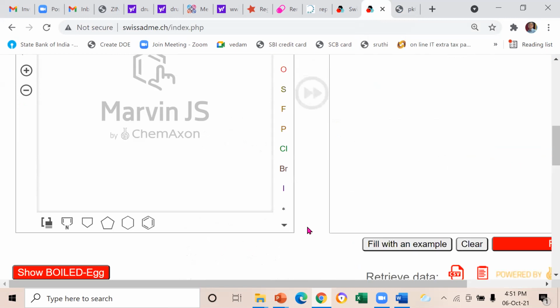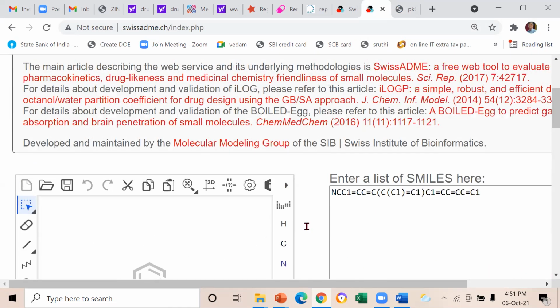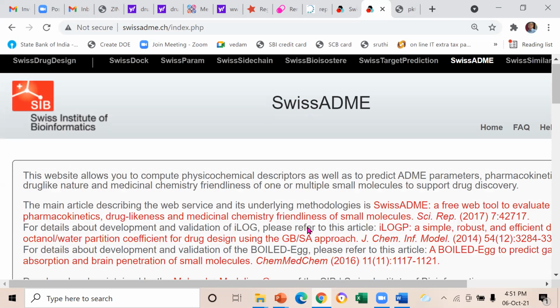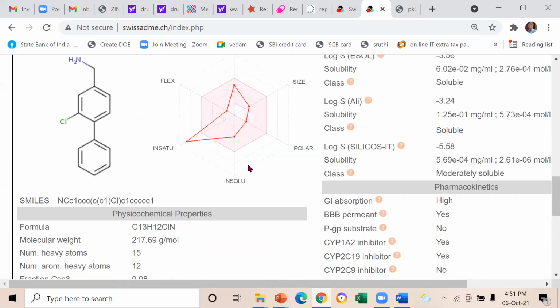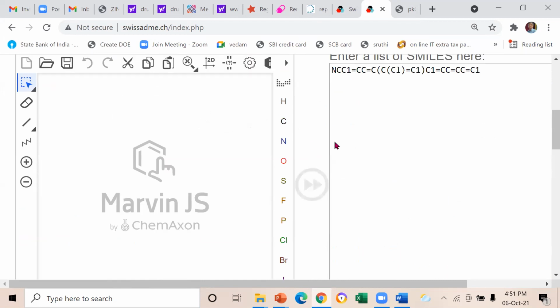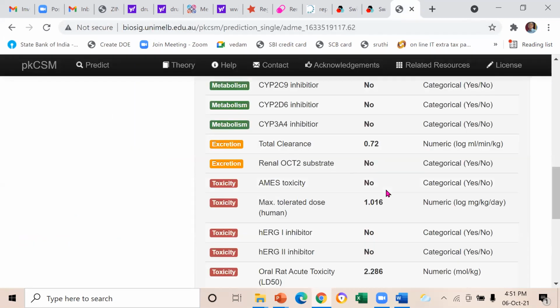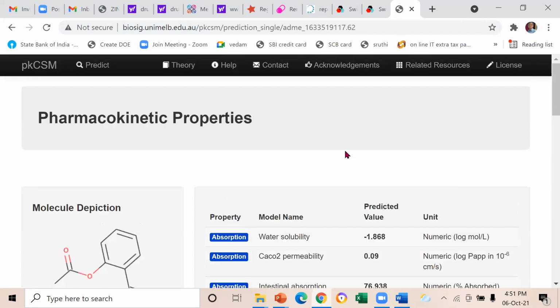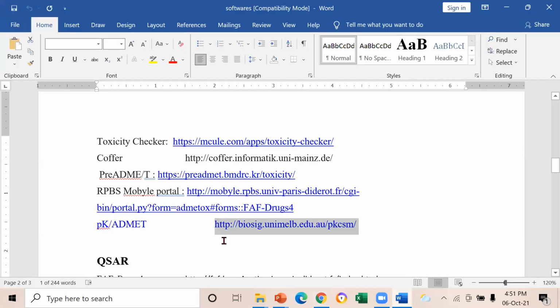So I showed you two important property prediction tools. Swiss ADME gives you a lot of information. Either you can draw the molecule here or you can copy the SMILES notation. I said I will explain what SMILES notation is later. And then this is another software called pkCSM. The website is given here. It can give a lot of information about toxicity.